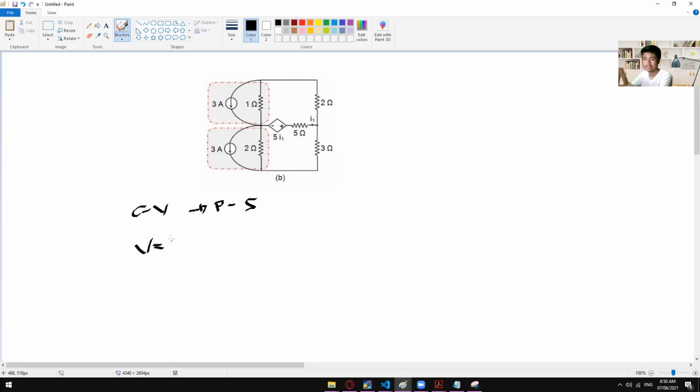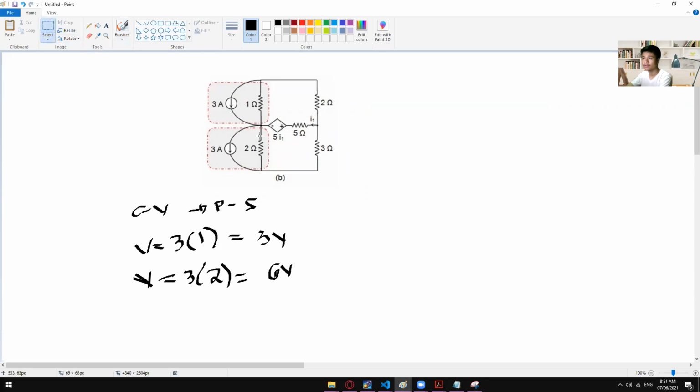So I is 3 amps and resistance is 1 ohm. For the upper branch right here, we have 3 volts. And for the second or lower branch, we have 3 amps times the resistance of 2 ohms. So we will get 6 volts right here.